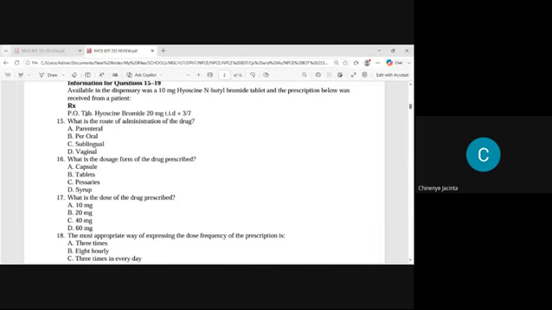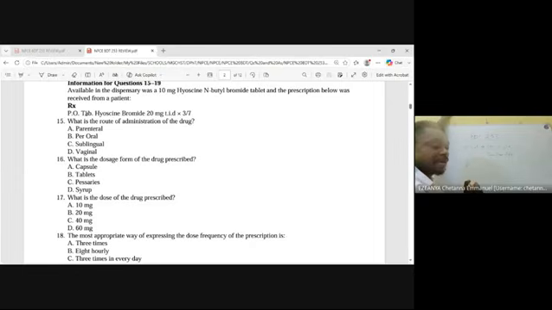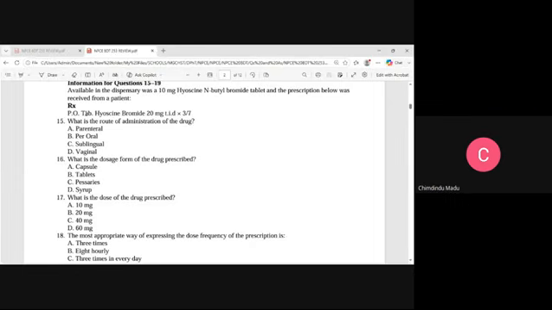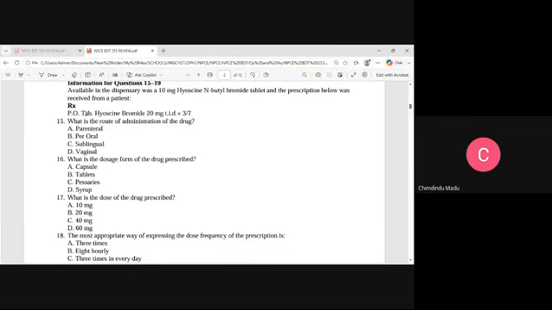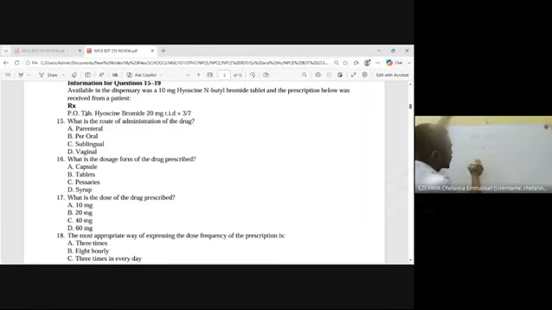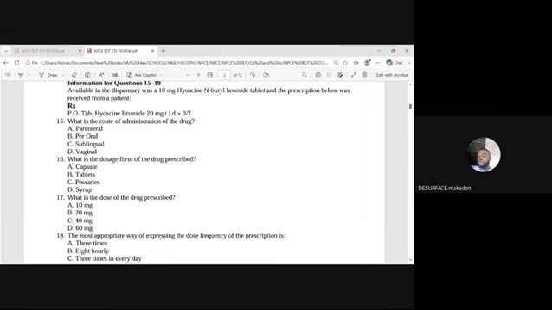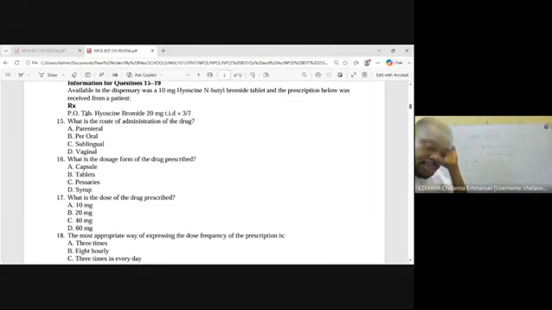Now, in a prescription, if they want you to give Q8H, Q8 what? H. So if the prescription really wants you to be 8 hourly, this is what you would have seen in the prescription. Is that clear?